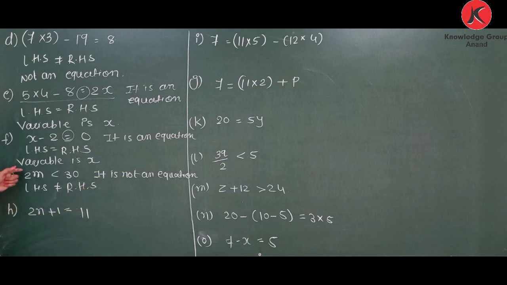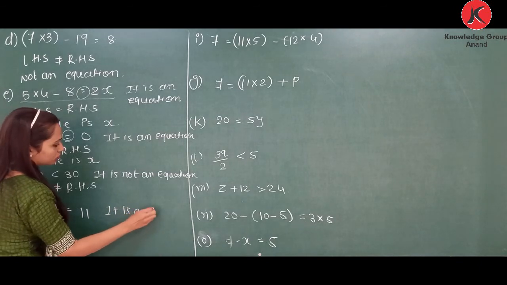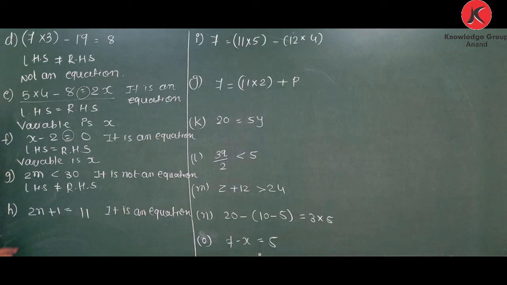You can consider variable is m. 2n plus 1 is equal to 11, so yes, it is an equation. Now, what is the reason? It is left hand side is equal to right hand side, and variable is n. So you can write variable is n.